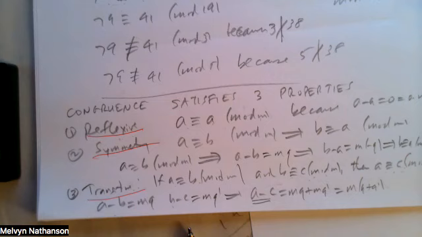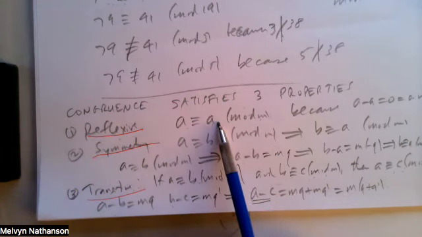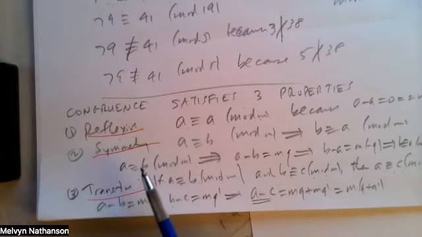Okay. So you have to know the definitions of the words reflexive, symmetric, and transitive. A relation is reflexive if every element A is related to itself. Here the relation is congruence modulo M. Every number A is congruent to itself mod M. It's symmetric.